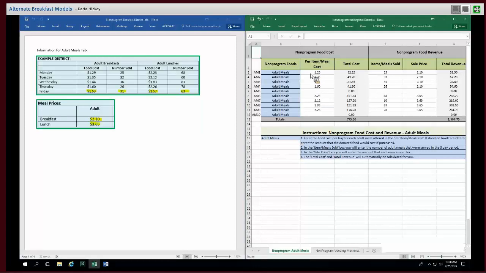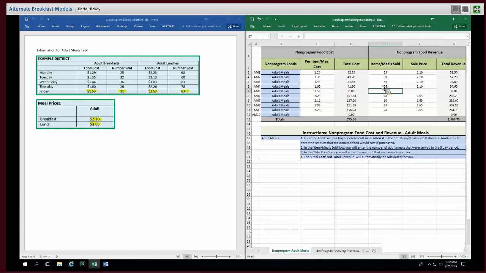So this is the adult meals tab. So the first thing we'll enter is the cost of the meals. So over here I have adult breakfasts are $1.29, $1.35, $1.44, $1.60, and $1.53. You can see I already started entering these in, so I'll just have to enter in the cost of the breakfast on Friday was $1.53.